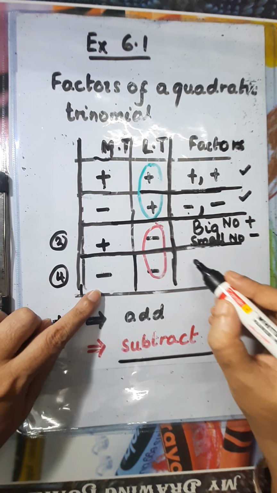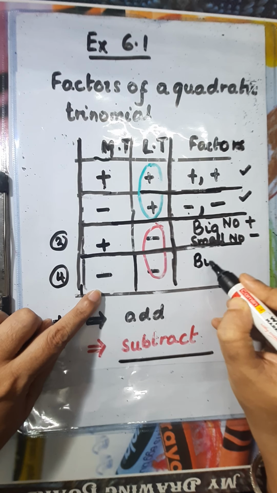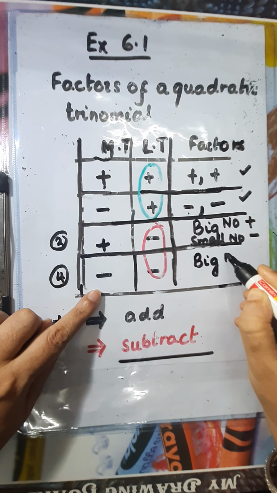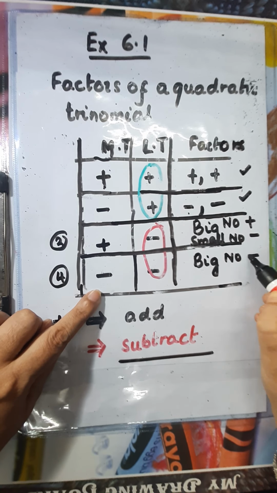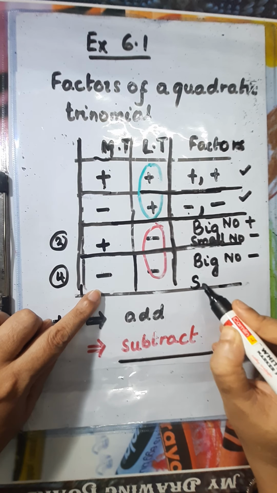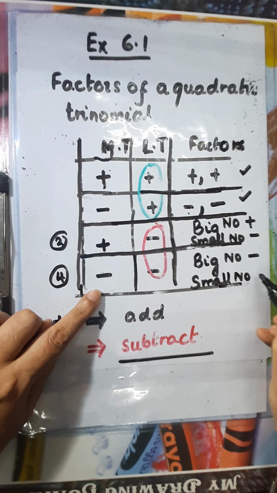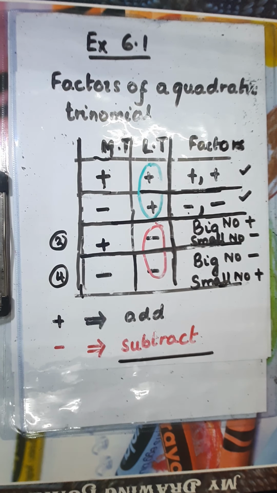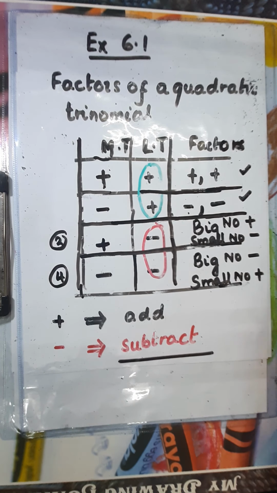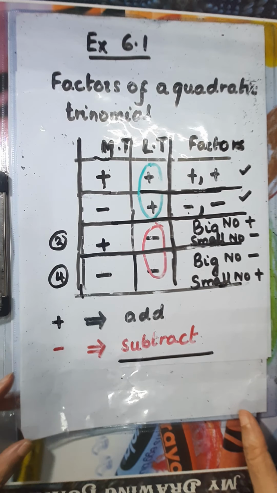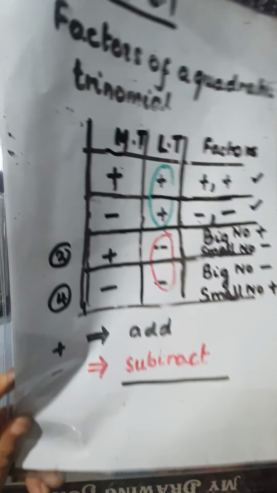Now here, the big number gets the minus sign and the small number gets the plus sign. The big number gets the minus sign, the middle sign, and the small number gets the plus sign. Okay. So did you understand this?